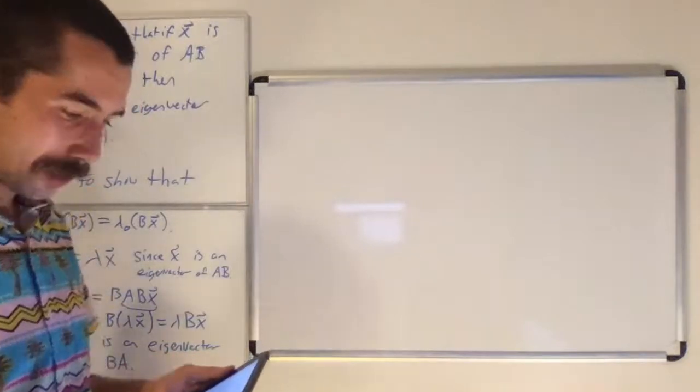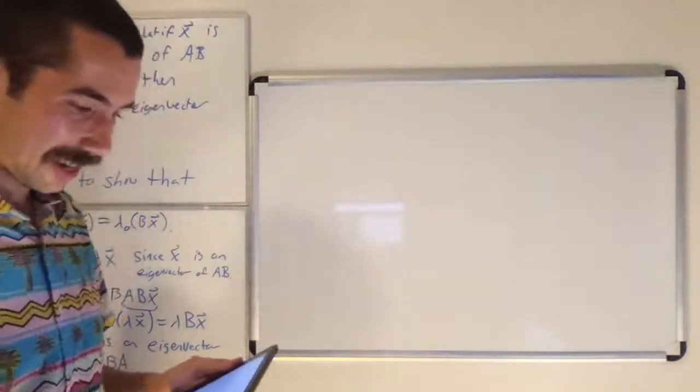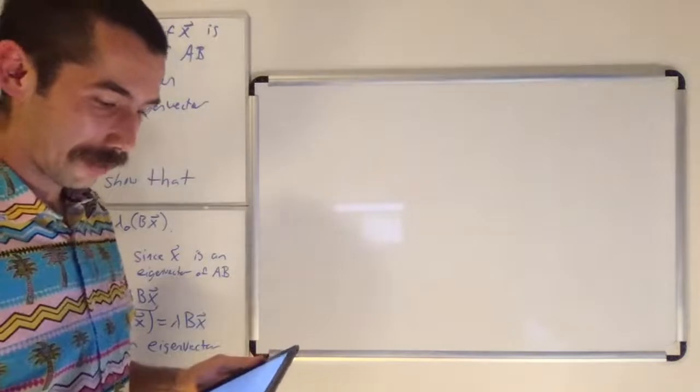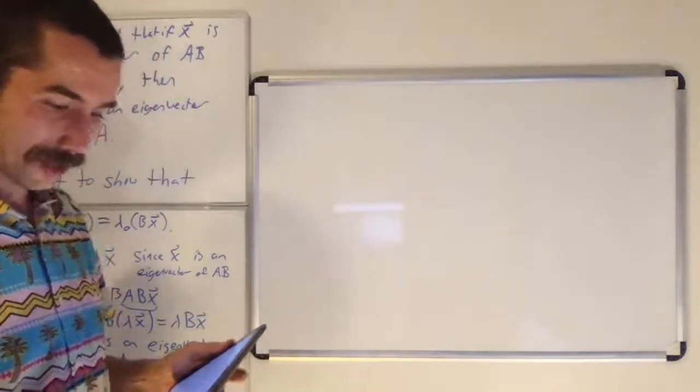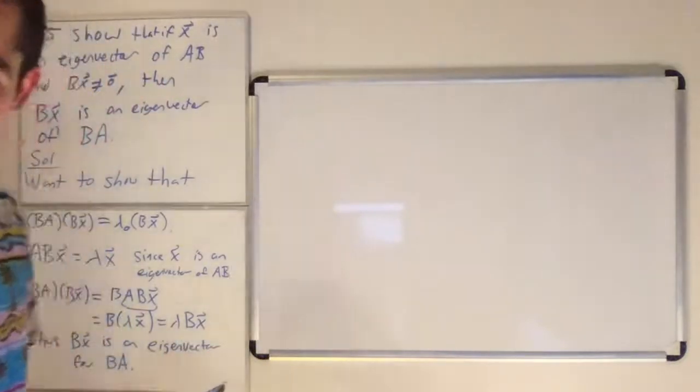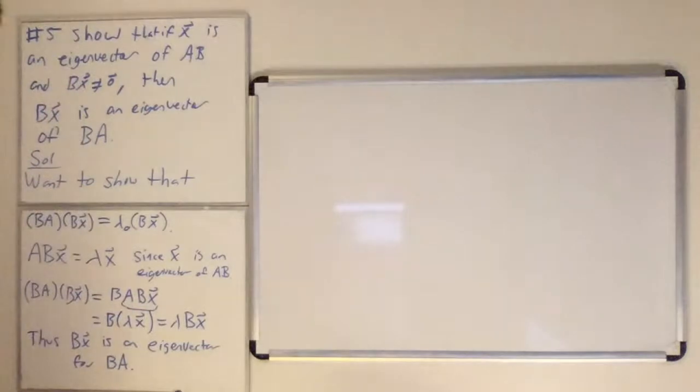Okay. If A is invertible and 1 is an eigenvalue for A, then 1 is also an eigenvalue for A inverse. I guess we could probably write some of these out. Yeah, so this first one's good because it makes us check that we know what it means to be an eigenvalue.